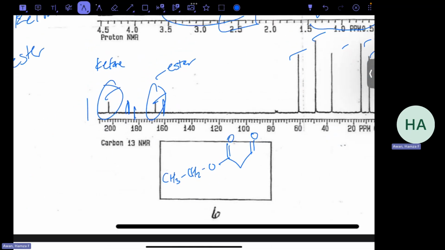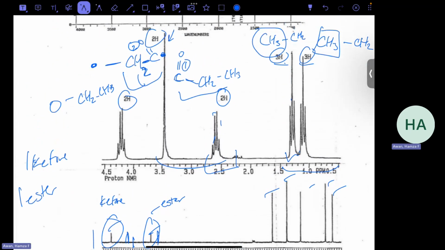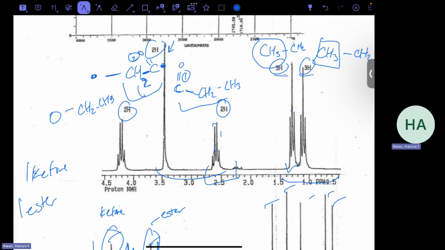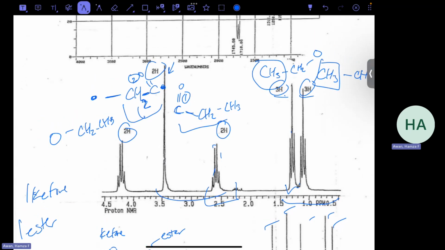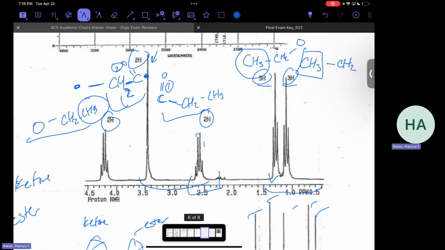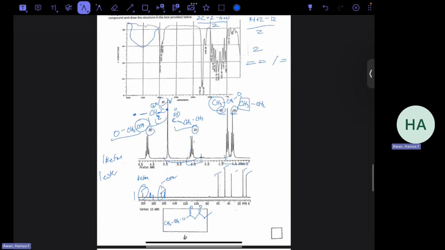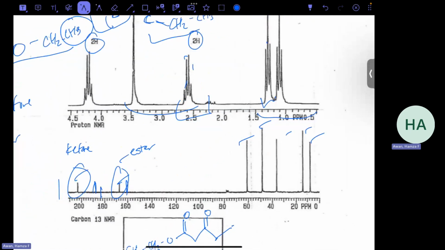So that kind of makes sense to be our carbons on this side. And if we look back at this, even this CH3, CH2, that's going to be more deshielded. It's probably the one that's attached to the O, right? It's talking about this CH3, versus this CH3, CH2, which is probably talking about this CH3 right here, which has the CH2 and then the carbon in between it and the ketone.